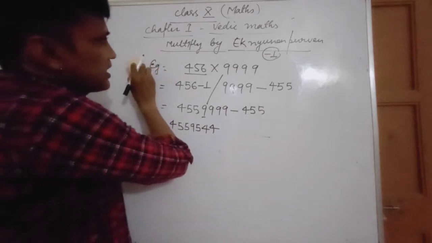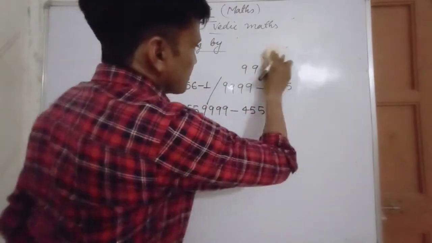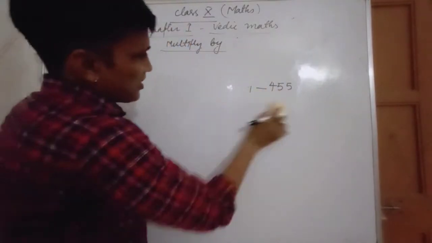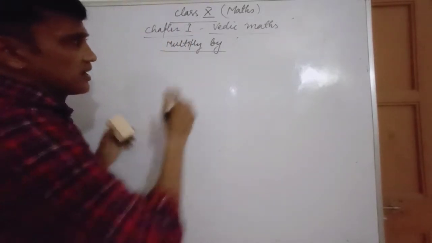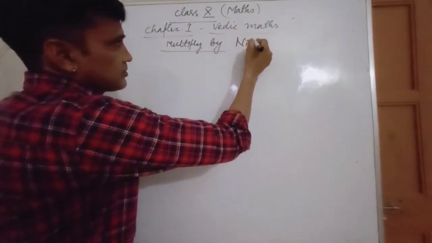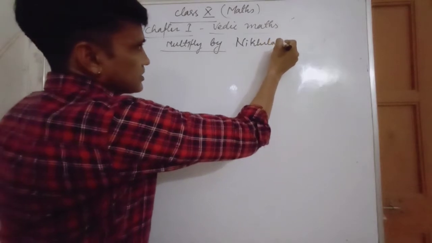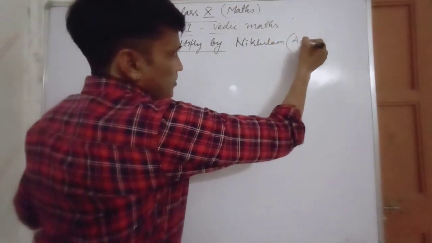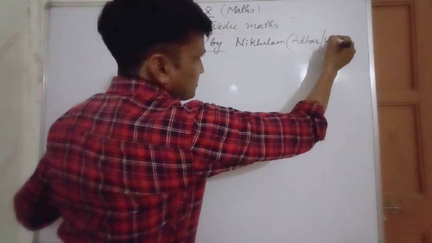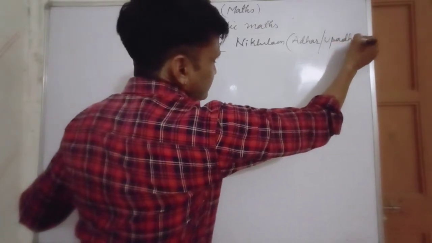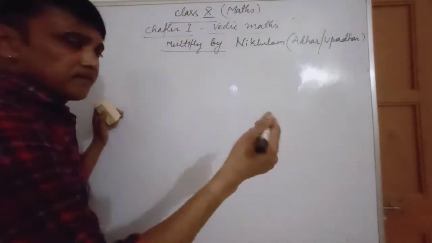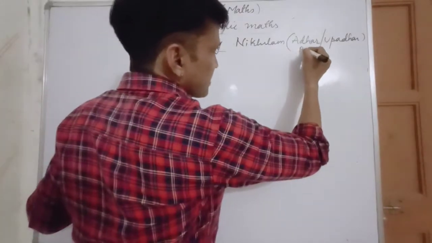Now the third trick, how to multiply by Nikhilam. By आधार and उपाधार method. In English, nowadays we say base and sub-base.